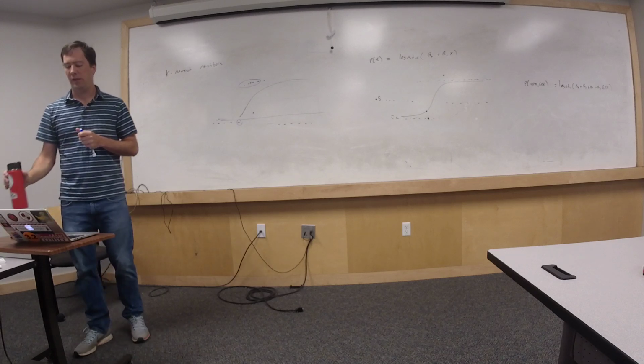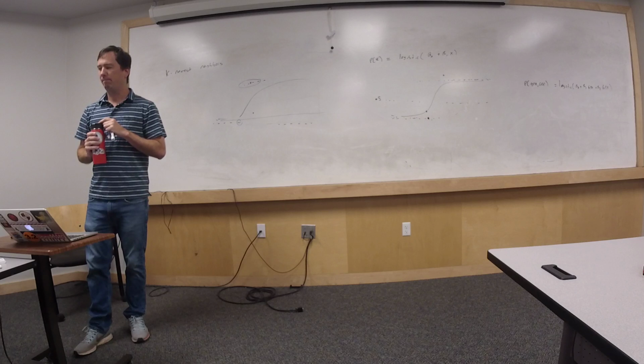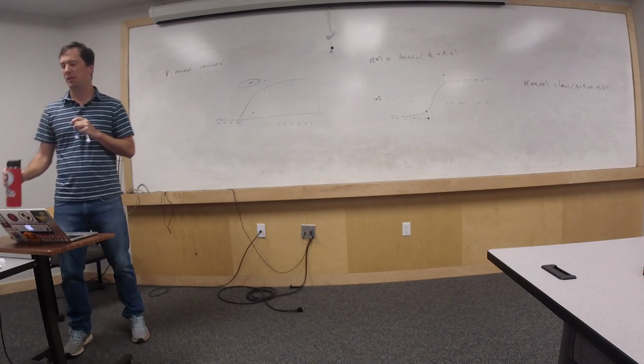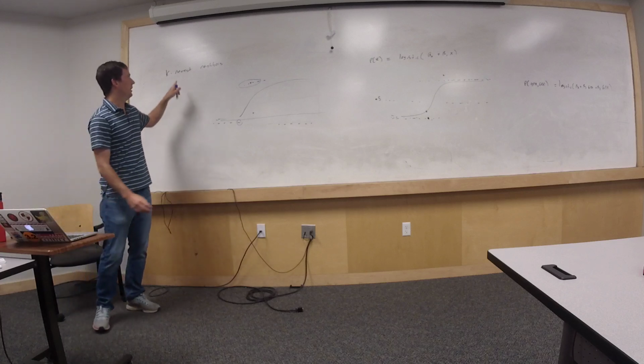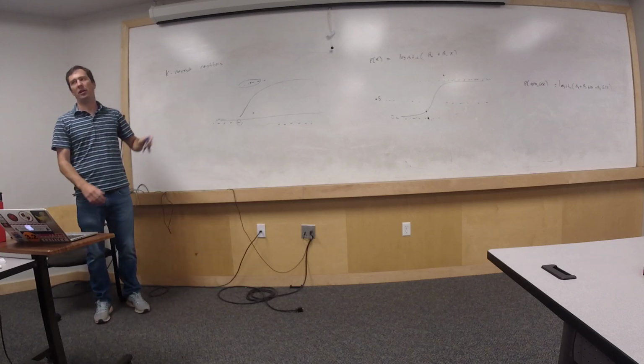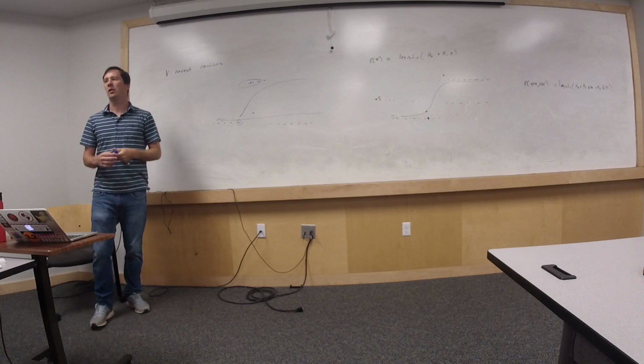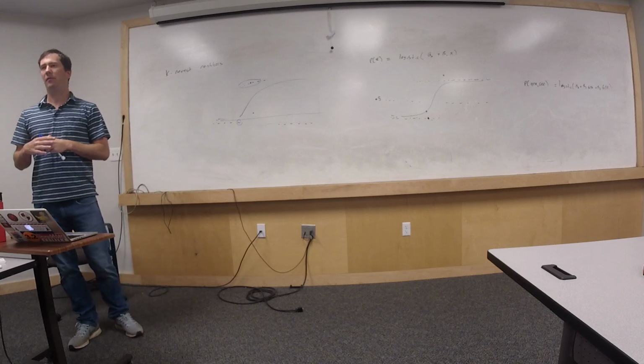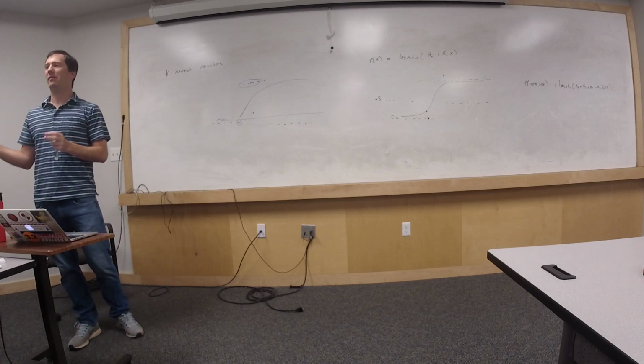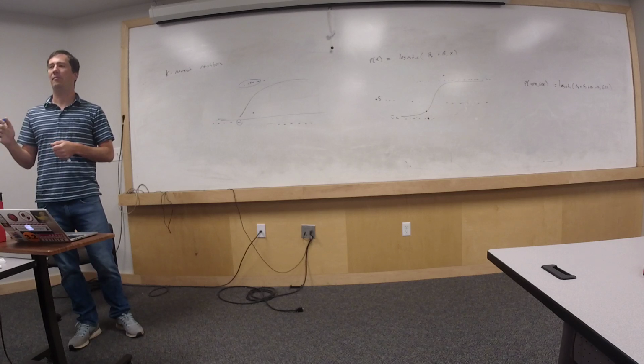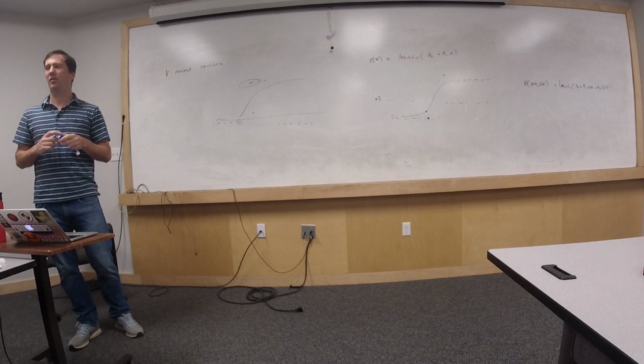The kind of tricky part that we need to decide on is what our k should be. So what are the very extreme values we could pick for k? Then we'll talk about the pros and cons.